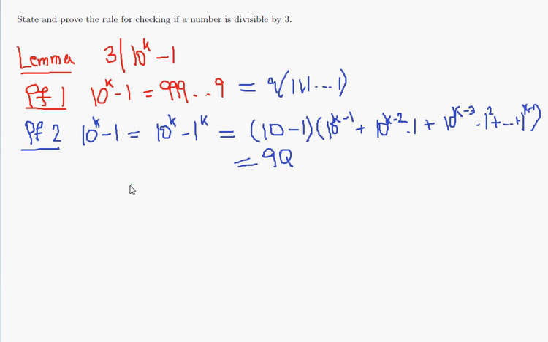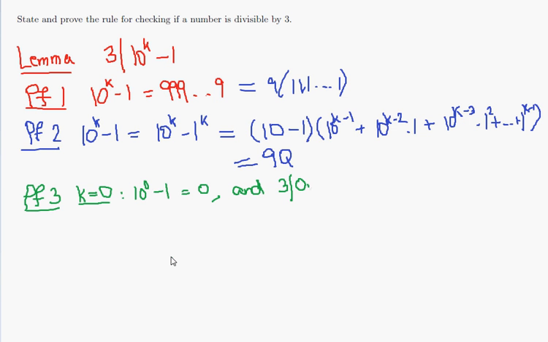The third proof, which is a little bit more formal, will be a proof by induction. Okay, so let's do this by induction. Let's just start with k equals 0 as our base case. 10 to the 0 minus 1 would be equal to 0. And 3 is going to be a factor of 0. In fact, everything is a factor of 0.